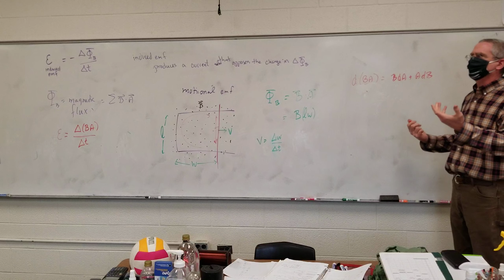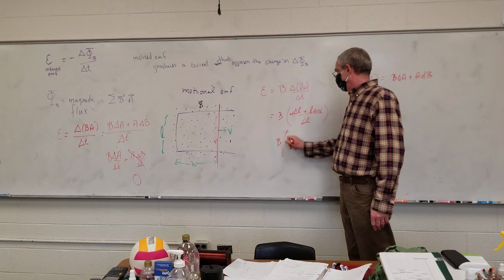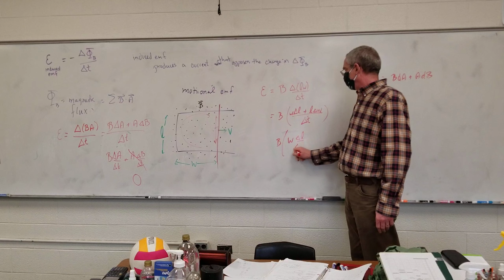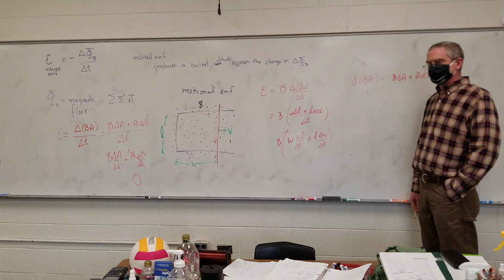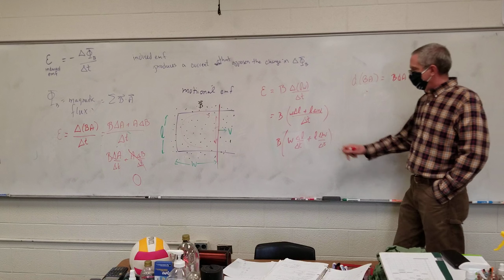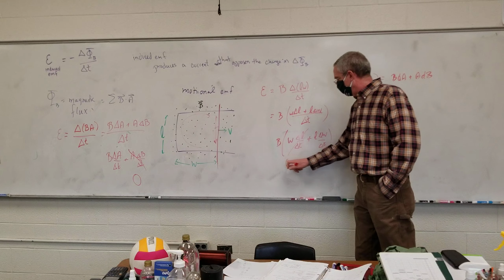Which becomes B times W delta L over delta T plus L times delta W over delta T. And so we got delta L over delta T, delta W over delta T, which either of those 0? L's not going to change. So we're left with B L delta W over delta T.